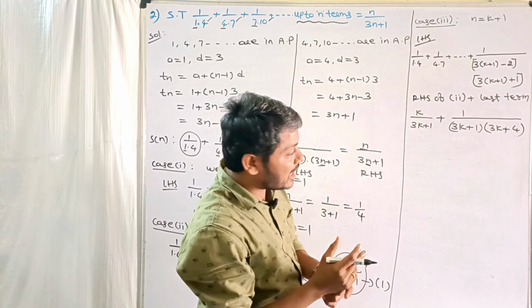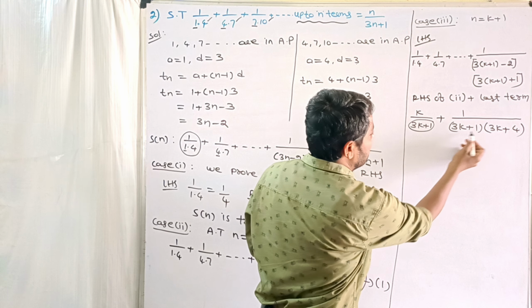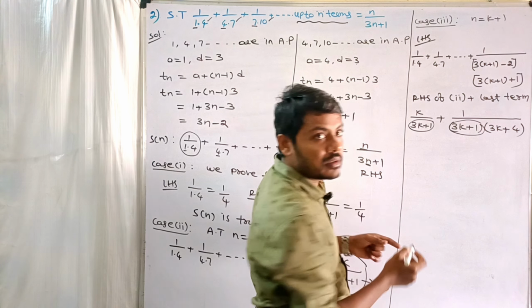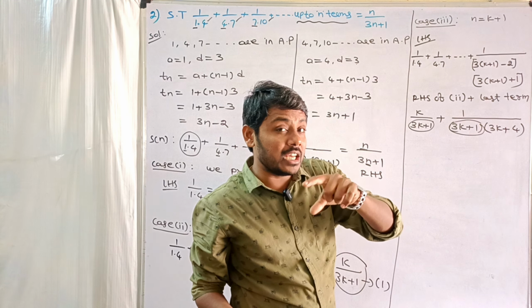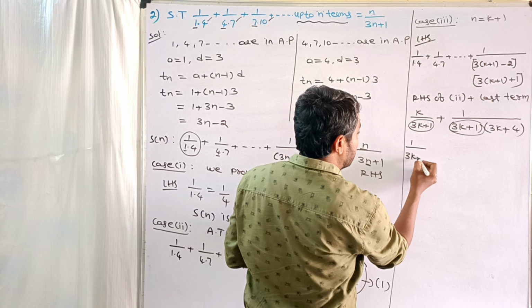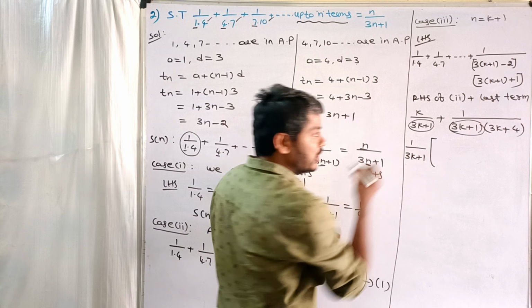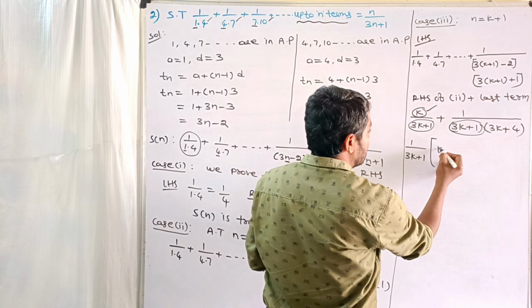Okay, clearly once you observe the denominators, 3k plus 1 is common in the first denominator. So we write 1 by 3k plus 1 into what is the remaining term in the first? k.